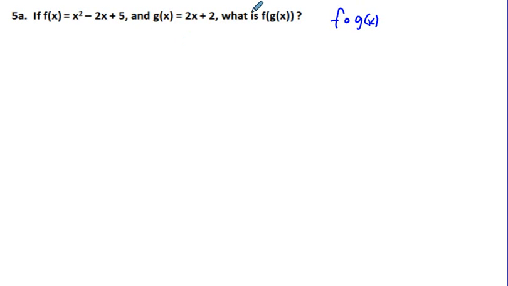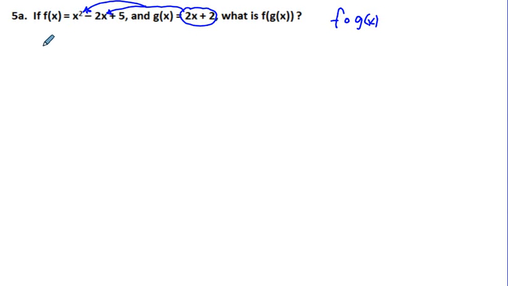So what we're going to do to find f of g of x is put g in place of any place we see x in the f. So we're going to put 2x plus 2 here, and also 2x plus 2 in the place of this x.